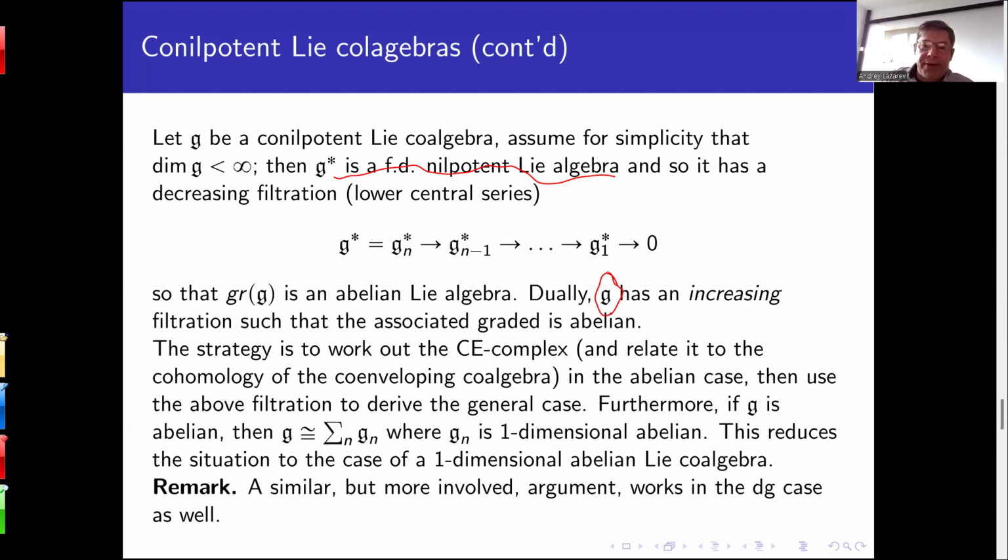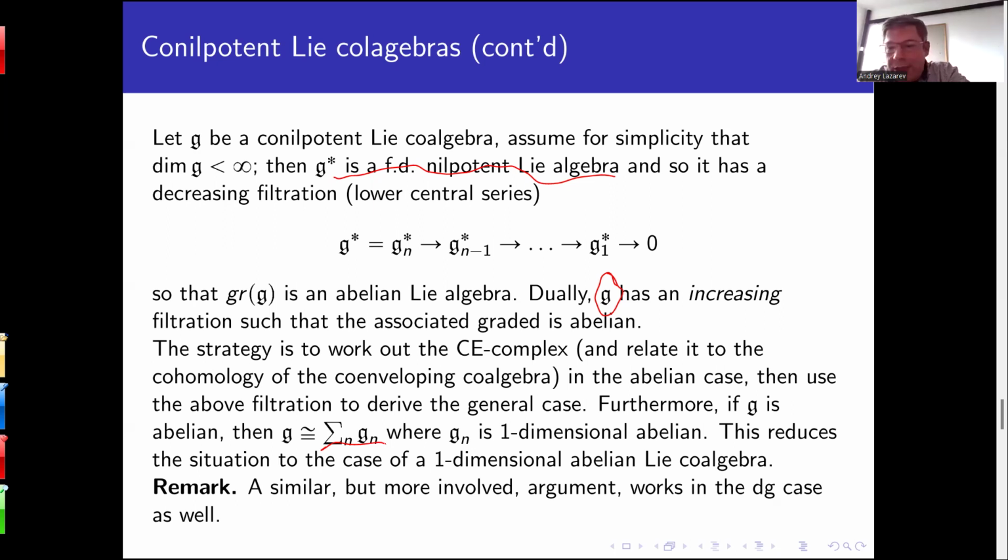Making a bit of a leap, I would want to say that this reduces to the case when G is abelian. Furthermore, if it's abelian, then it's clearly a direct sum of one-dimensional abelian Lie coalgebras. And that reduces the situation further to the case of a one-dimensional abelian Lie coalgebra.